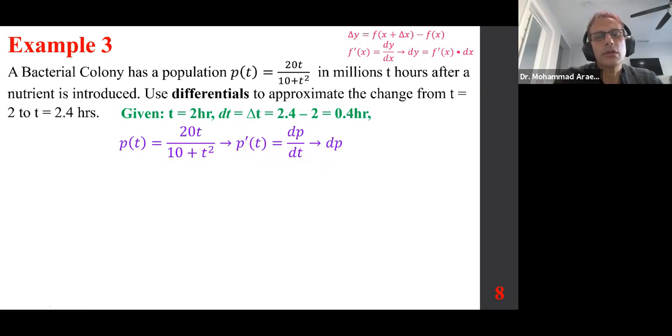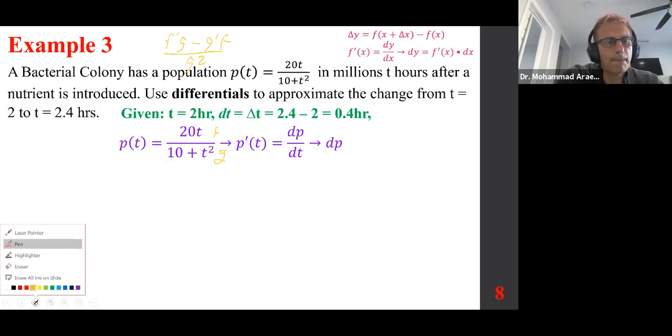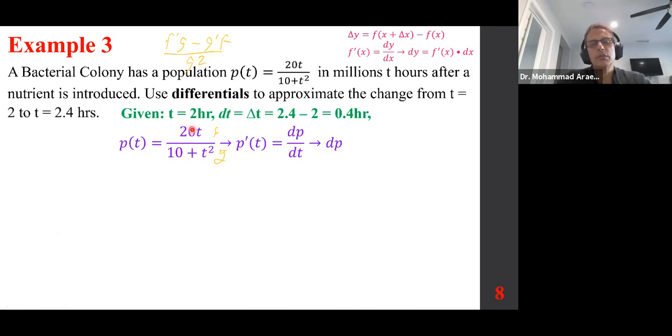So to differentiate this, let me just remind you. This is your f function, this is your g function, and we use f prime g minus g prime f over g squared. We differentiate the top, 20, times the bottom, minus we differentiate the bottom times the top, over the bottom squared.